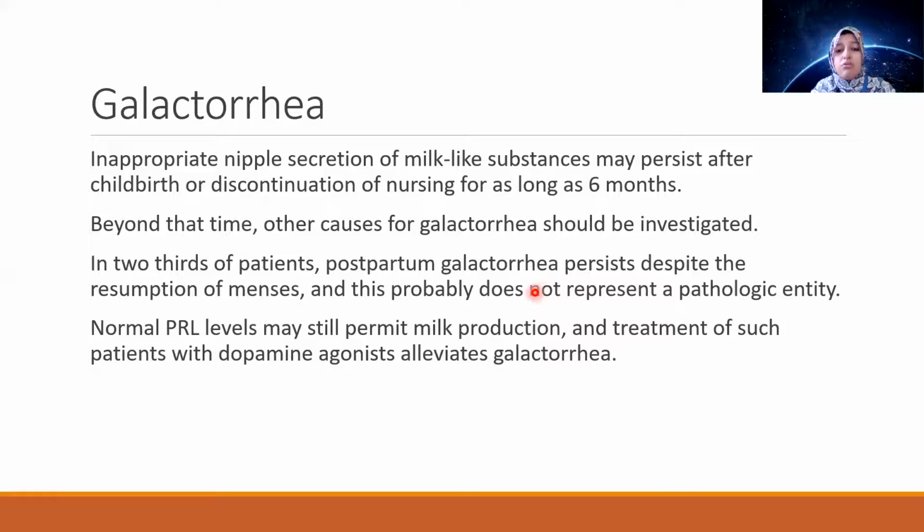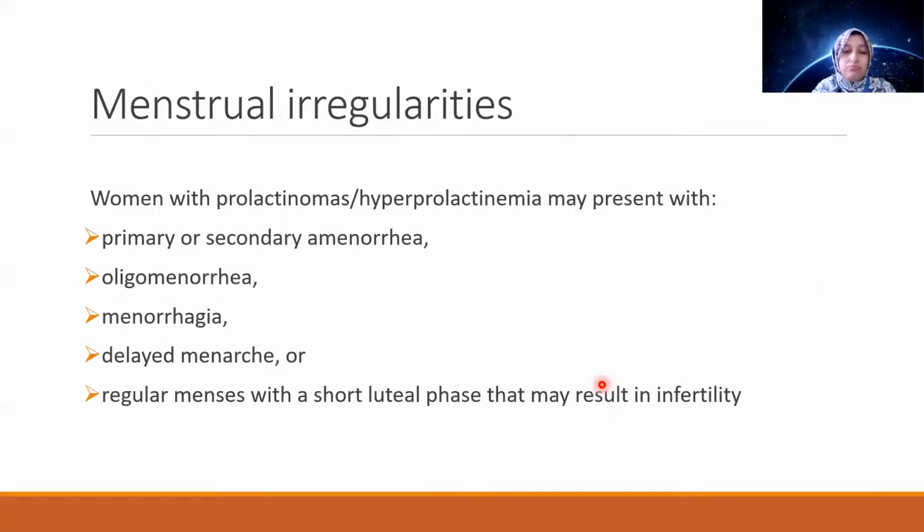So just keep on follow-up and check for the levels, check for the other pathologies, and maybe that resolves automatically with the passage of time. Normal prolactin levels may still permit milk production, and the treatment of such patients with dopamine agonists alleviates galactorrhea. So this is the condition which is called idiopathic galactorrhea, and sometimes we have to treat these patients with dopamine agonist therapy in order to relieve the symptoms.